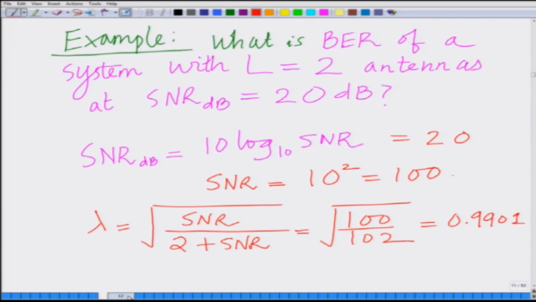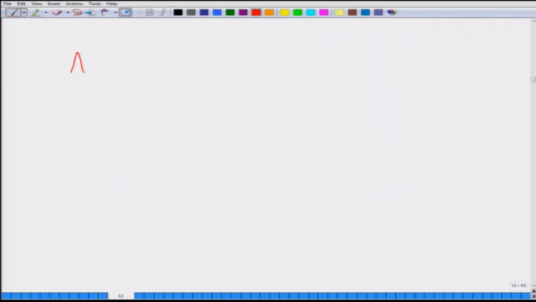Now, we will use the expression that we have derived previously for L equal to 2 antennas to find the average bit error rate.